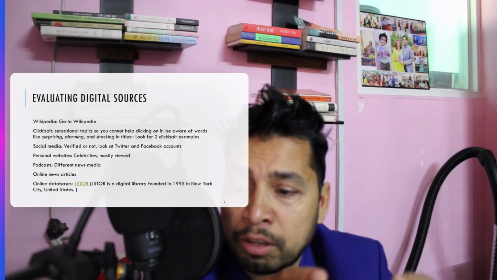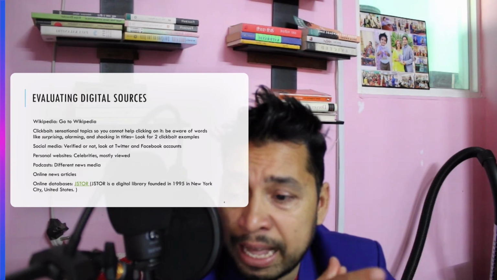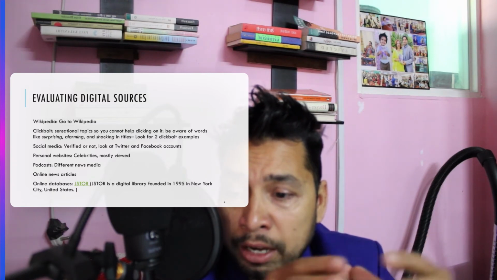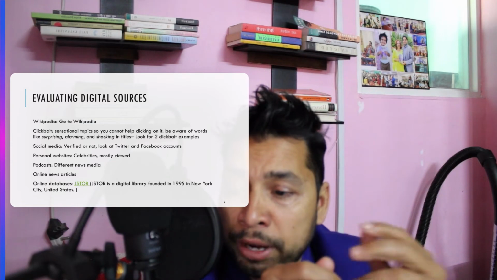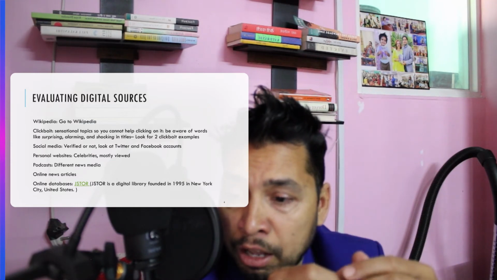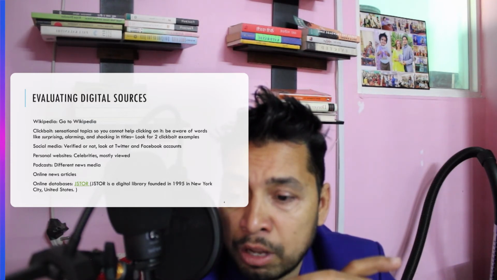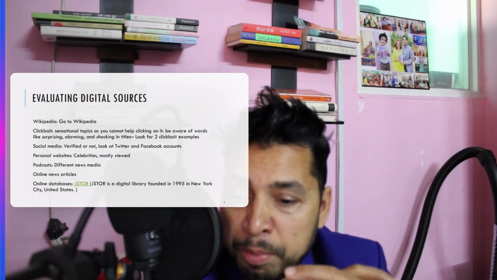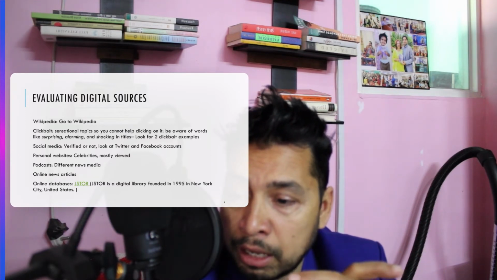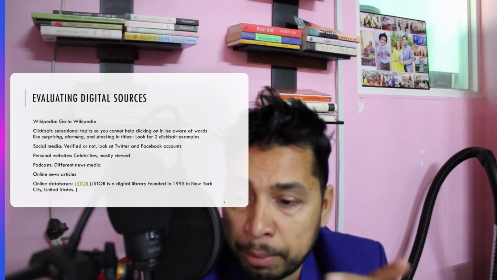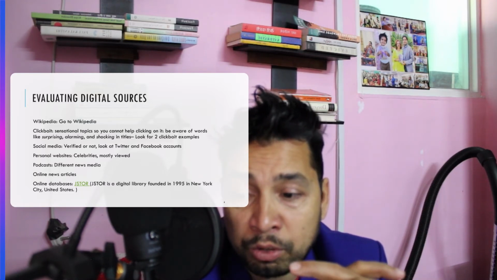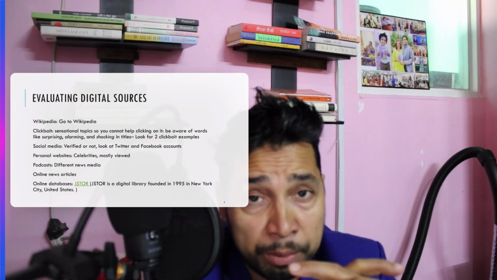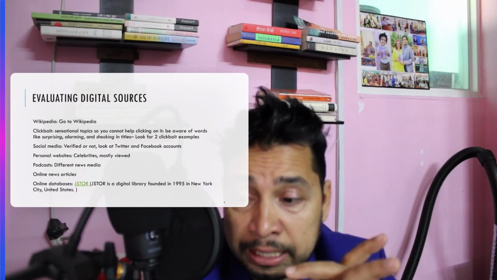Sometimes you might end up seeing clickbait that is a sensational topic, so you cannot help clicking on it. So be aware of words like surprising, alarming, and shocking in titles. That's why sometimes those websites might not be very authentic. Similarly, some of the personal websites, if they are from celebrities or are mostly viewed websites, tend to be more authentic as well.